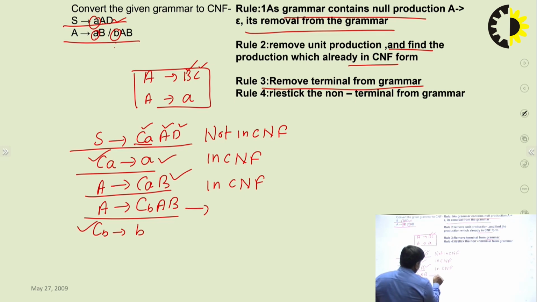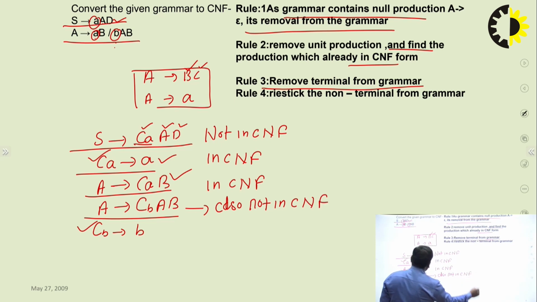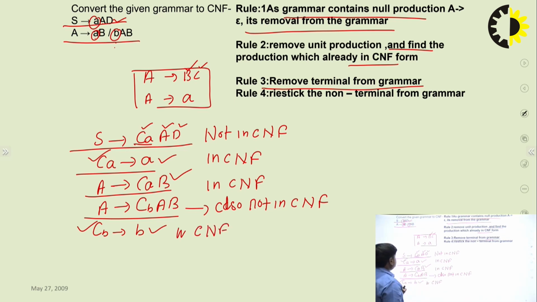It means this production is also not in CNF form, and this production is in CNF form. It means 1, 2, 3 productions are converted from CFG to CNF form. Only 2 productions, S tends to capital A, capital CA, and D, and A tends to this production, are not in CNF form.